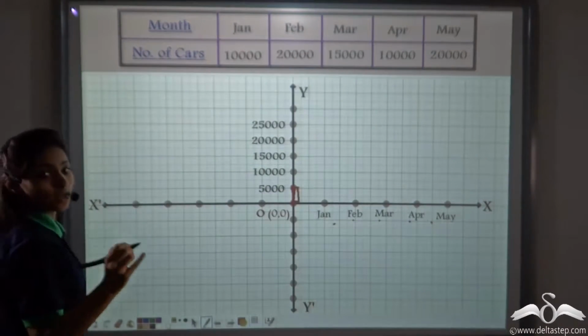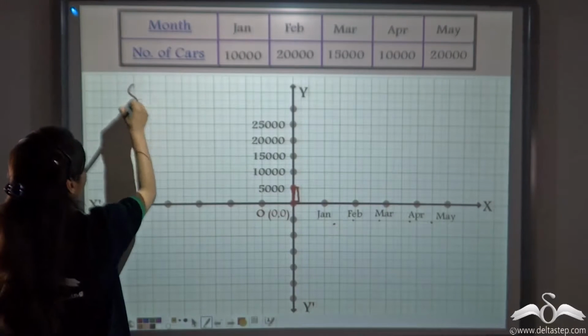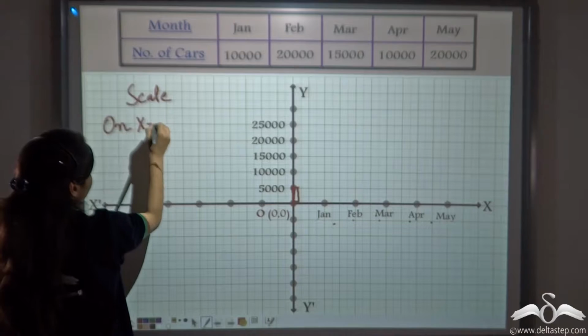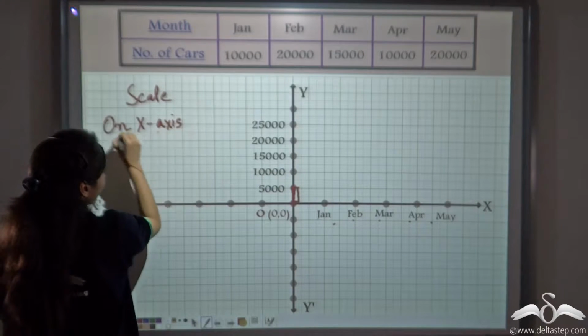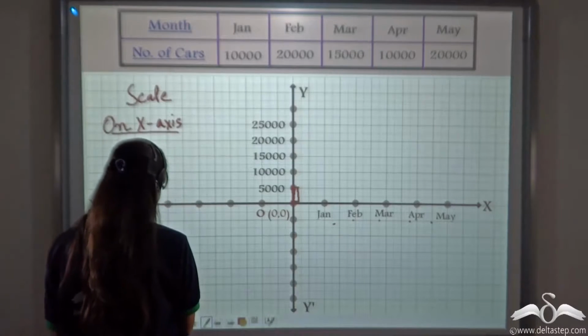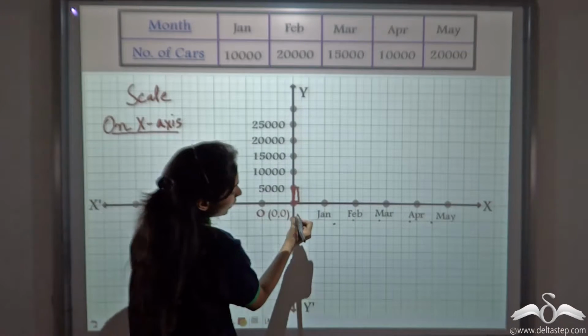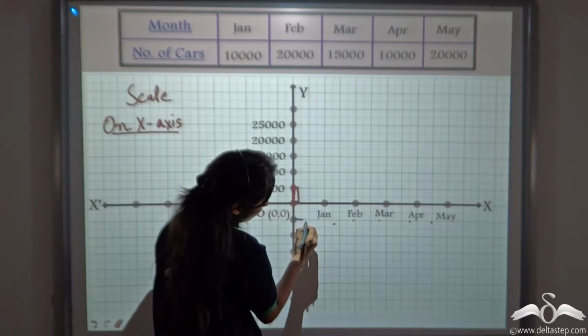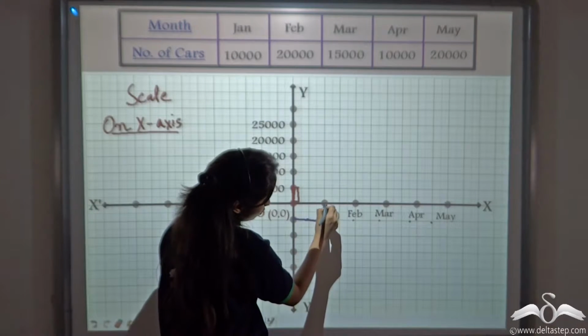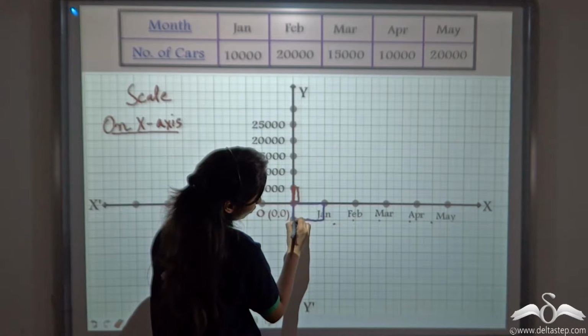First of all, we'll write the scale of the x-axis. Now what is the scale we have taken on the x-axis? Now listen carefully. Here you can see that this is one box and this is the second box. So we have taken two boxes to denote 1 month.